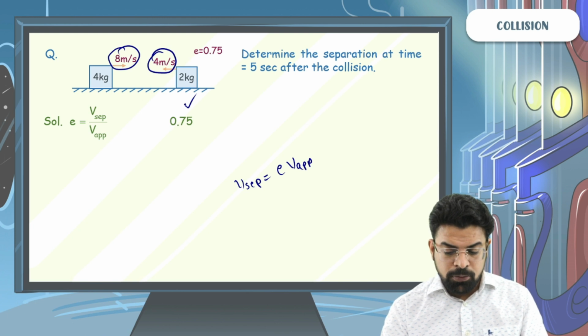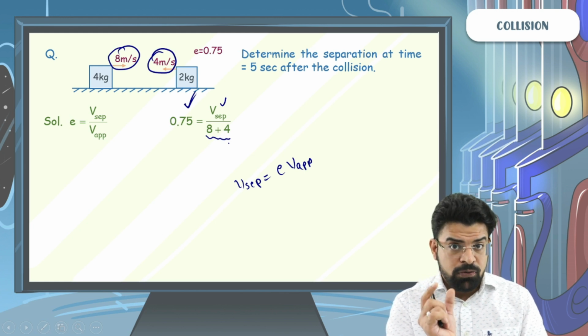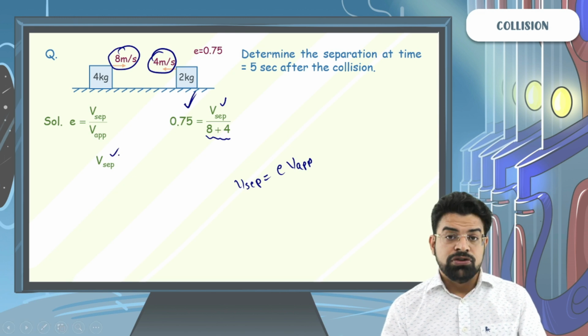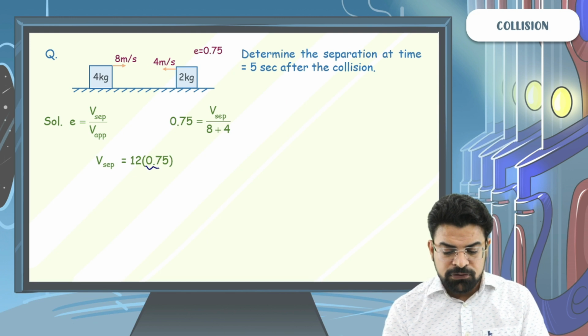So 0.75 = velocity of separation upon velocity of approach, which is 8 plus 4, 12. Hence we will get the velocity of separation equals 0.75 into 12. In place of 0.75 you can write 3 by 4, so you get 12 times 3 by 4, that comes out to be 9 meter per second.